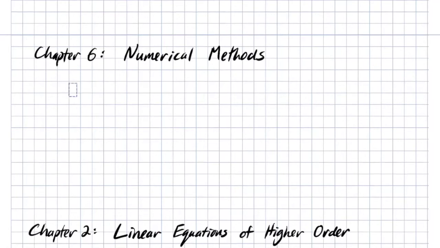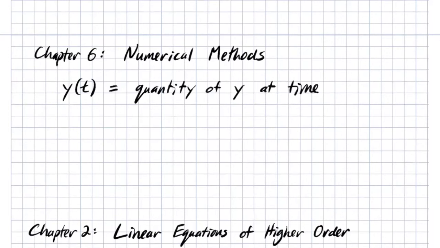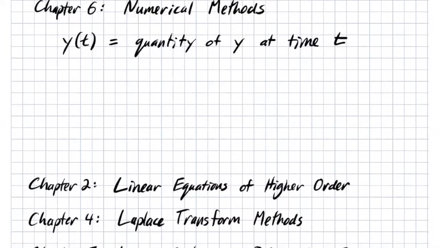So for example, if we have y of t, which is some quantity at time t, and we have a differential equation which says the rate of change of this quantity with respect to time is given by some formula which involves y and t.